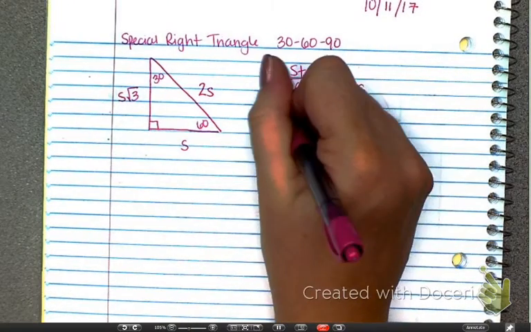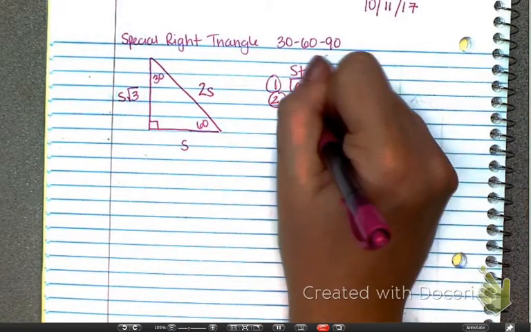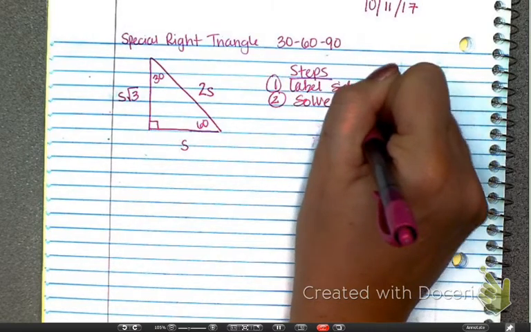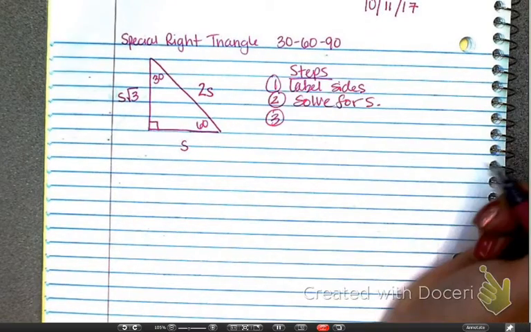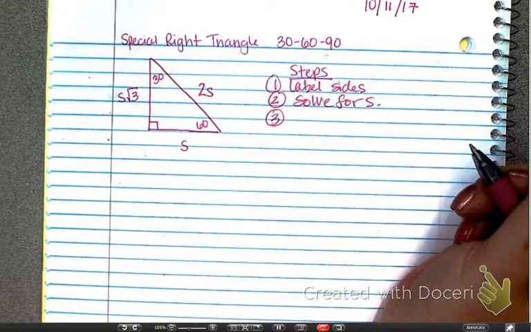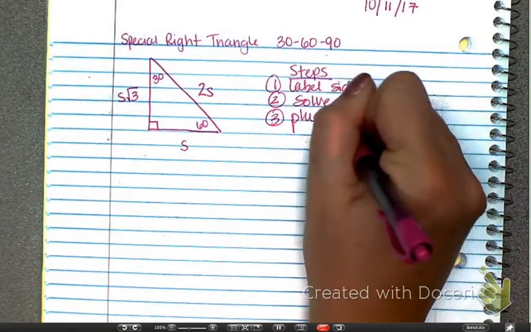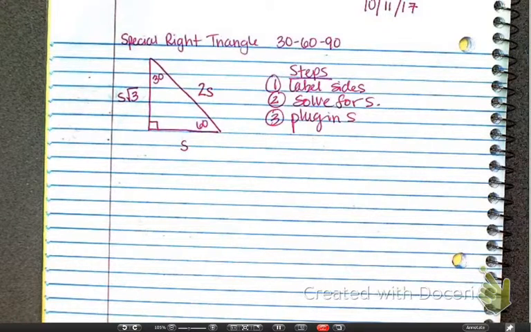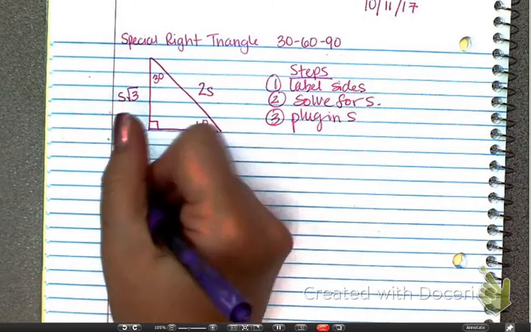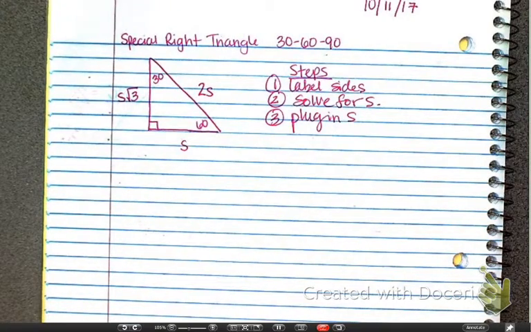What was our step 2? Solve for S. Same thing. What's our step 3? Plug in S. Exact same steps, different labels. Are you okay with that? Okay, so let's try it.